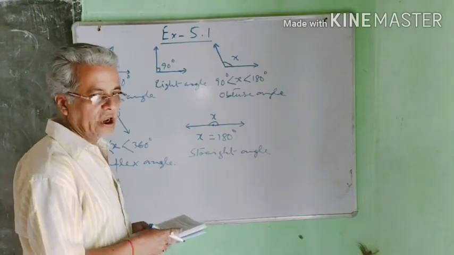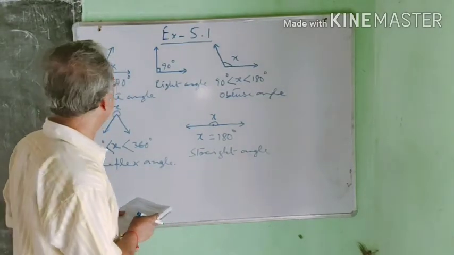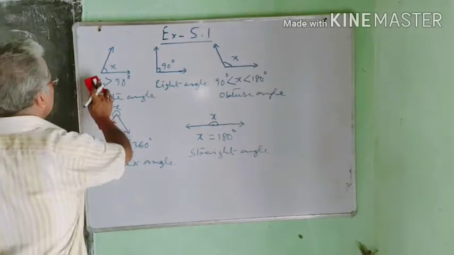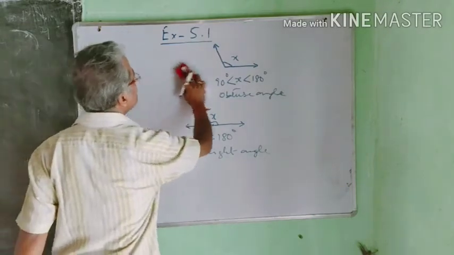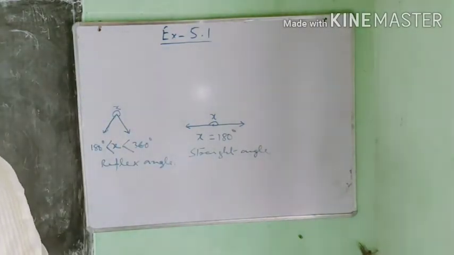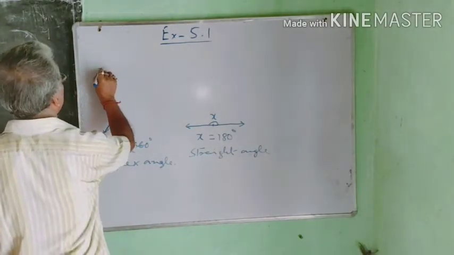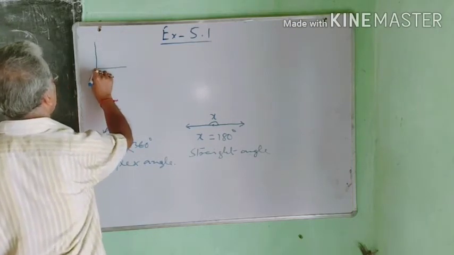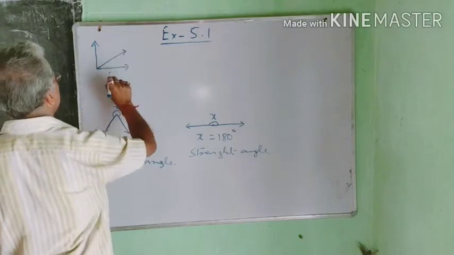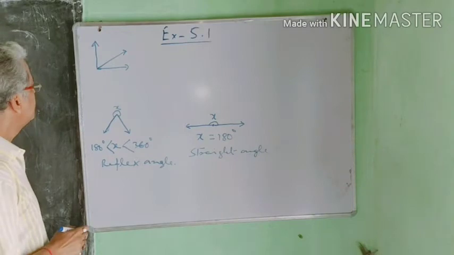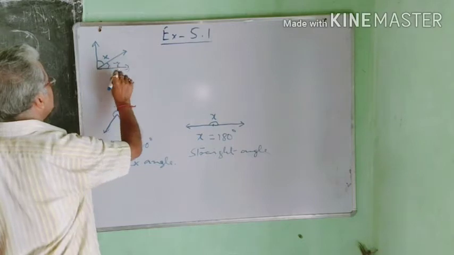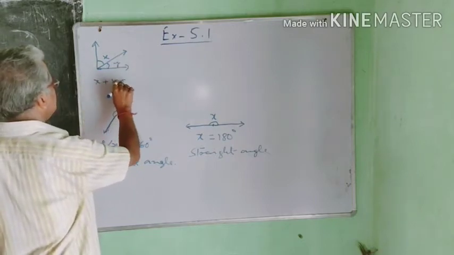Now in addition to that, also we can produce some examples of angles. This is the right angle. Now, if there is any other angle, the angle is divided into two parts, then the sum of the two angles is 90 degree.